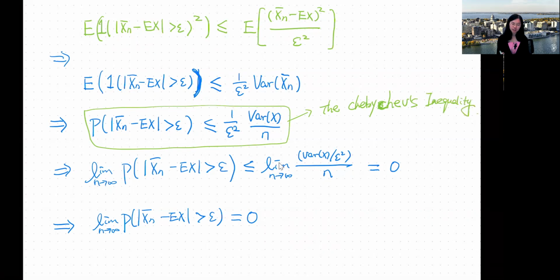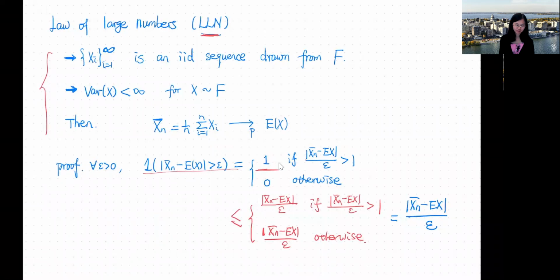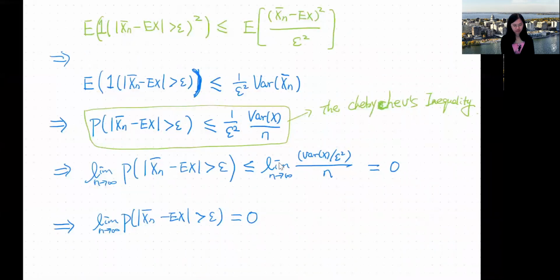So you can appeal to Chebyshev's inequality and directly write down this statement. But we didn't do that. We derived this statement from the very basics, which is not hard, as you can see. So you can derive this inequality from the very basics without appealing to Chebyshev's inequality, but you could just appeal to it.